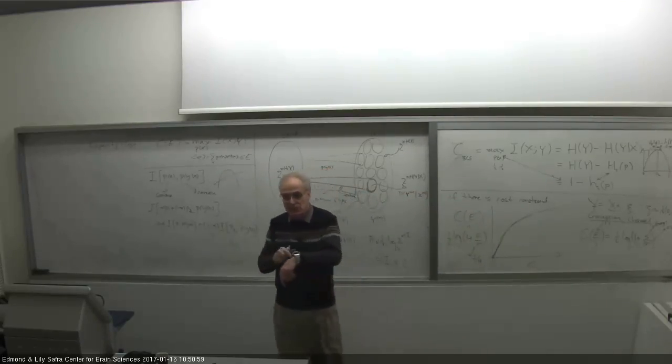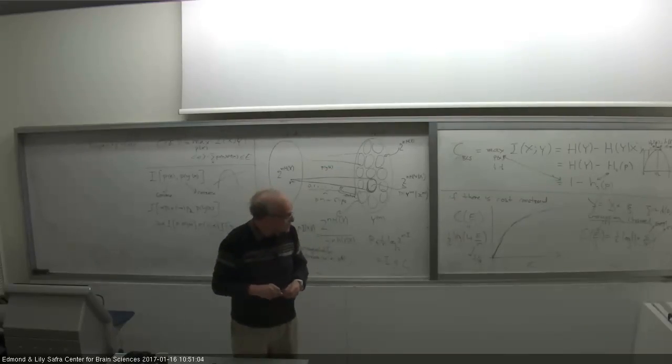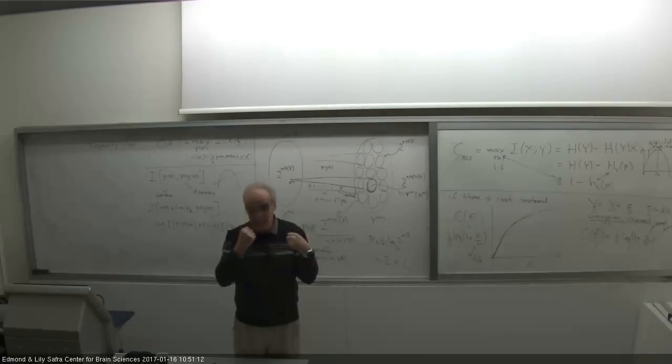Okay? So I'm out of time. Not surprisingly, because I really wanted to put too much in. So I'm going to continue on Wednesday with the dual part of the story, which is the rate distortion function. So the rate distortion function looks like a completely different problem. One of them is maximizing capacity subject to cost, and the other one is minimizing rate subject to distortion.